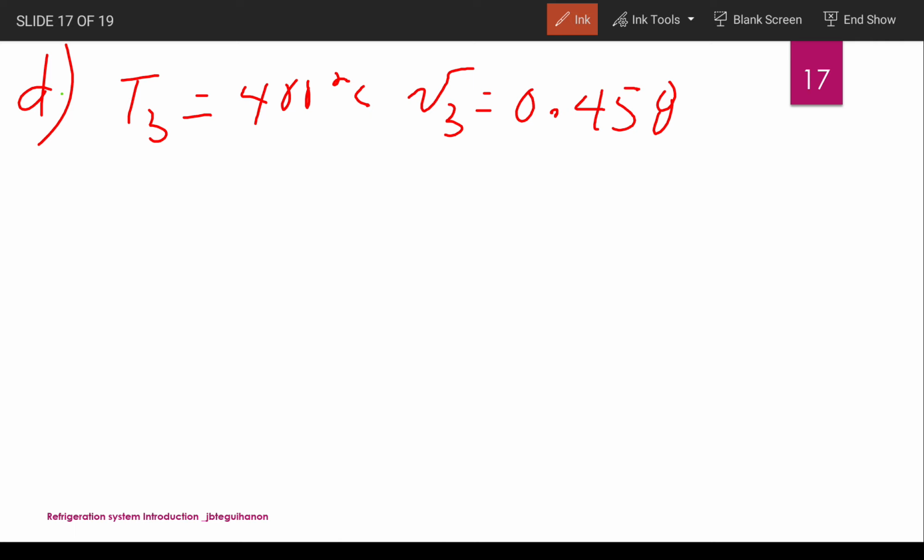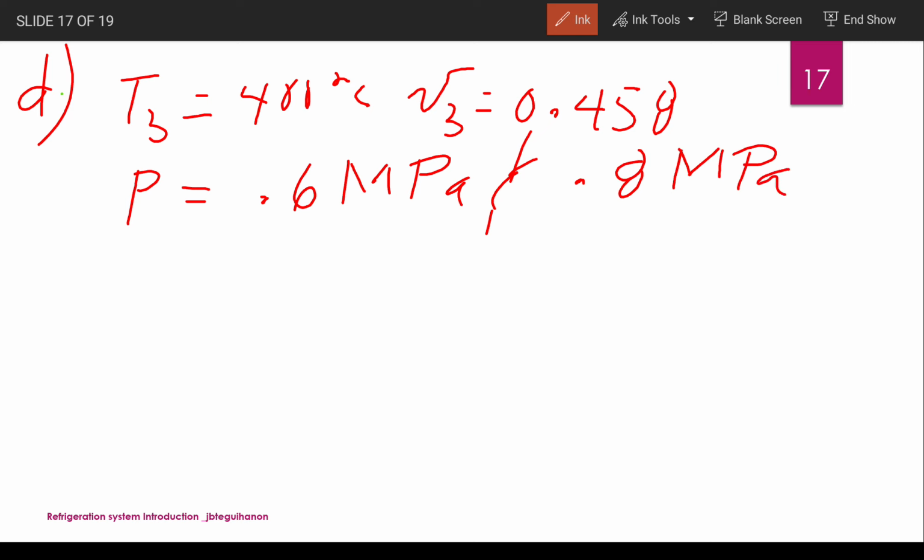We will be using a table, wherein, this is actually a superheated vapor table, wherein we use the pressure between 0.6 megapascal and 0.8 megapascal, of course at a temperature of 400 degrees Celsius.